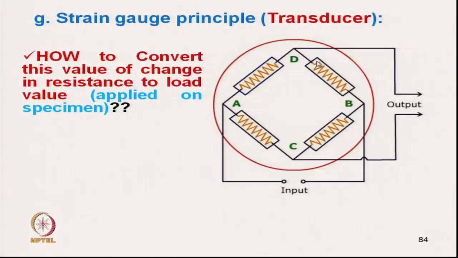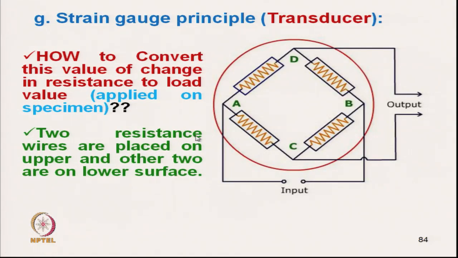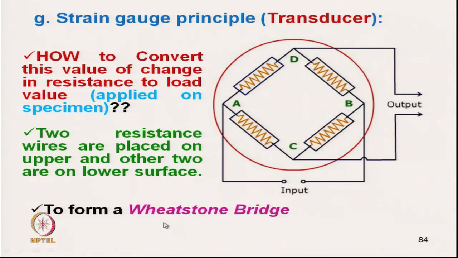This is done by the Wheatstone bridge. Two resistance wires are placed on the upper surface, and the other two are on the lower surface, which forms the Wheatstone bridge.